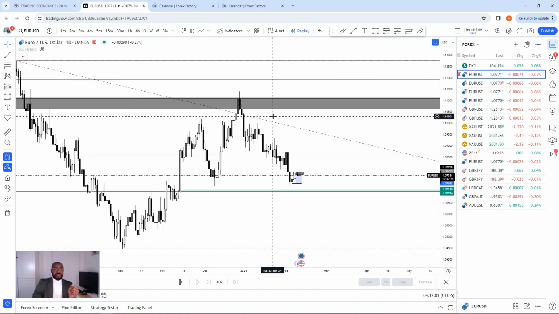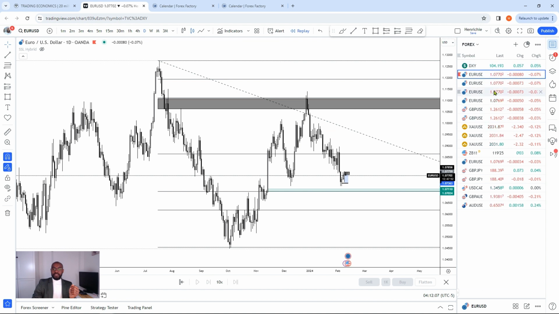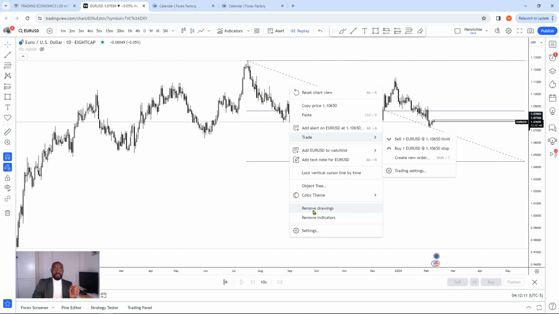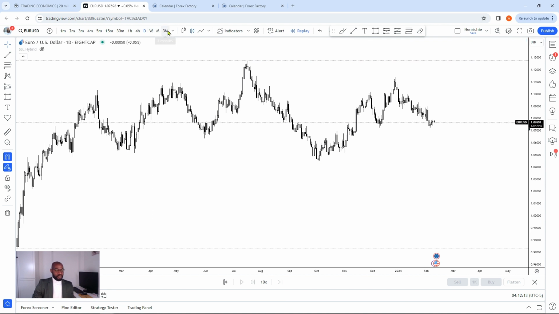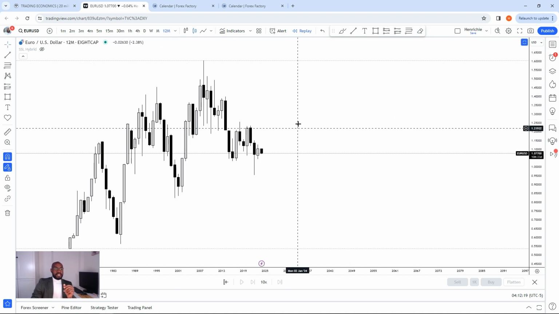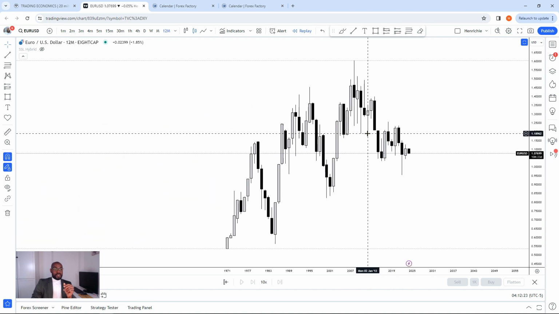So that being said, we're going to go to Euro US dollar. So basically on Euro US dollar, I'm going to pull up a new chart. The first thing we'll do is basically the same thing we did for the dollar.